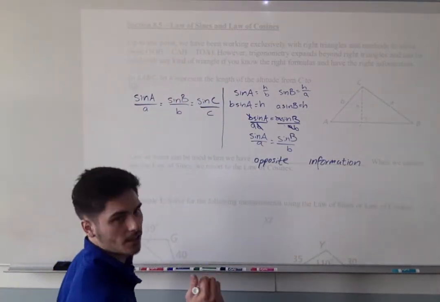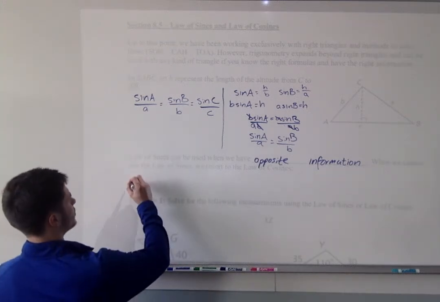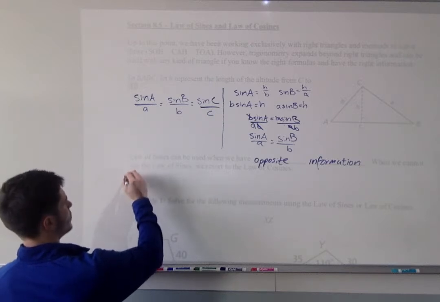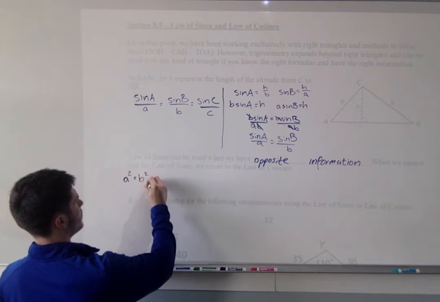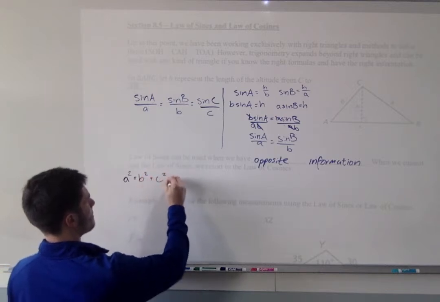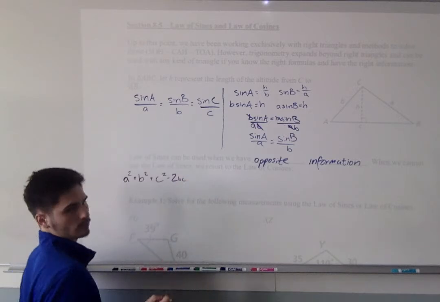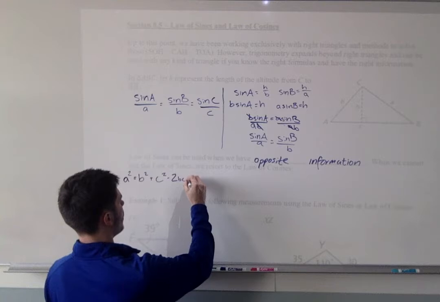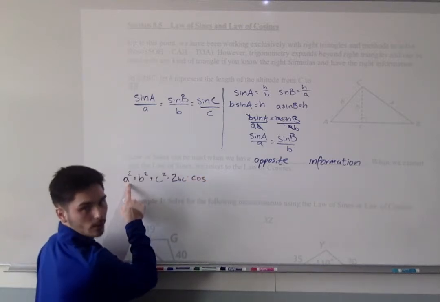So the law of cosines can have three different forms, but it's all the same pattern. So we can solve for side length a, and we can do this by having a squared equals b squared plus c squared minus 2bc, and then times cosine of the opposite angle of this side.